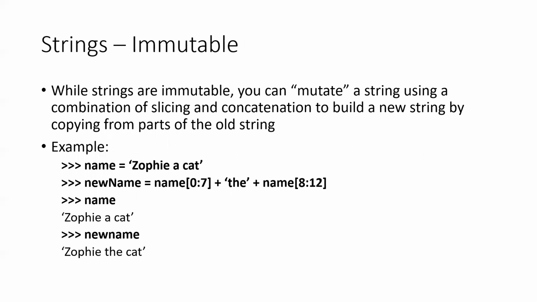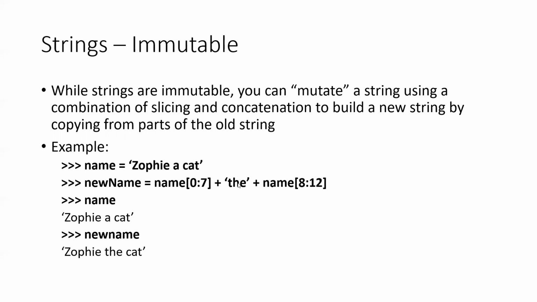All right, remember that strings are immutable, but you can mutate a string by using a combination of slicing and concatenation in order to build a new string by copying parts from the old string. So what does that mean? In this example, we have name equals Zophie a cat. We can have new name, everything from 0 to 7, which means we're going to strip off the first 7 characters.